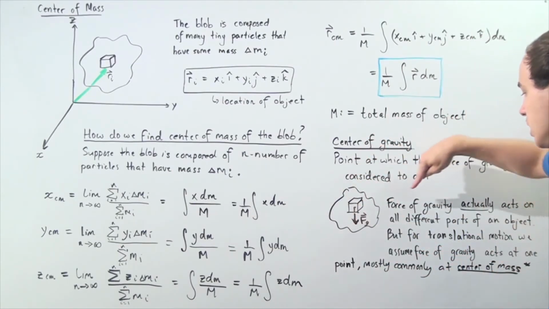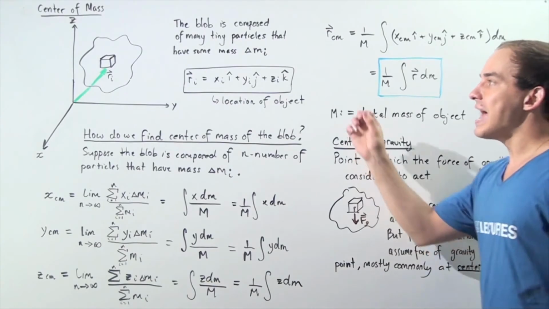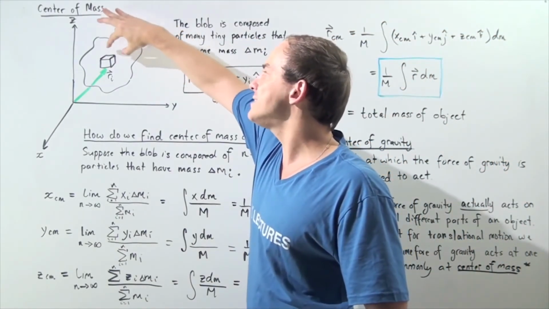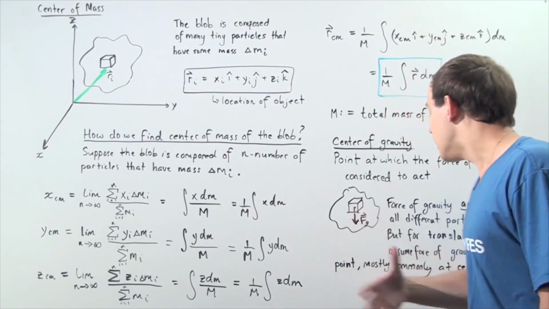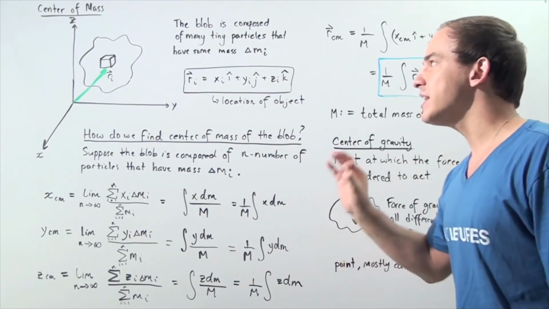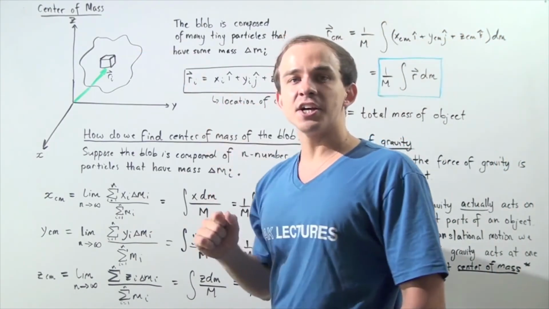So actually, the force of gravity acts on all different parts of the object. It acts at every single respective center of mass of these tiny particles. But for simplicity, we usually assume that the force of gravity acts at the same exact point as the center of mass.